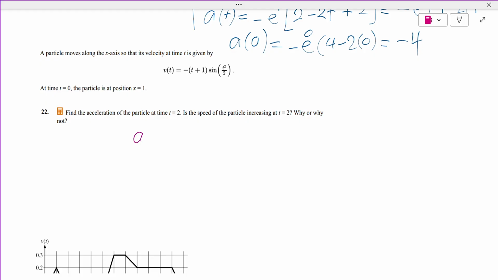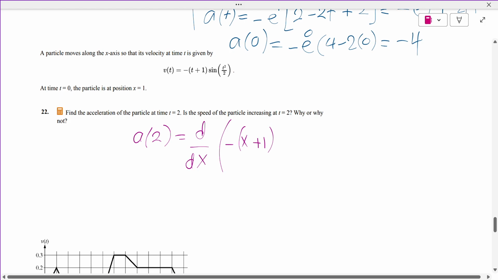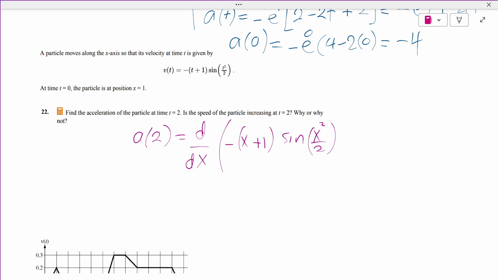To find a of 2, use your calculator, type d over dx of, I'm replacing t with x, so this is x plus 1, just to match your calculator format, sine of x squared over 2, at x equals 2. You should get 1.587.